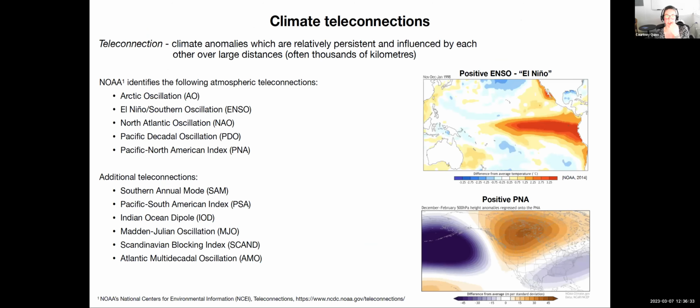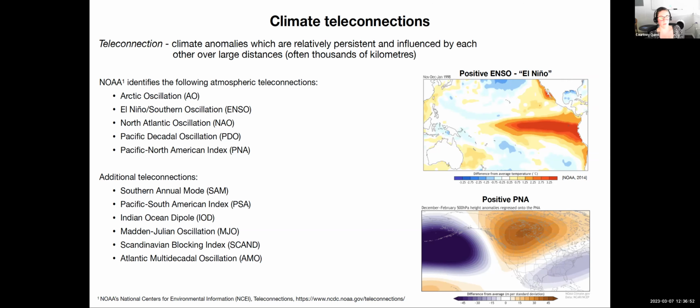So climate teleconnections, if you're not familiar, are basically anomalies. They're relatively persistent. They typically sit around for a few days to a few weeks at a time, maybe even a few months, and they're influenced by each other over quite large distances, thousands and thousands of kilometers.